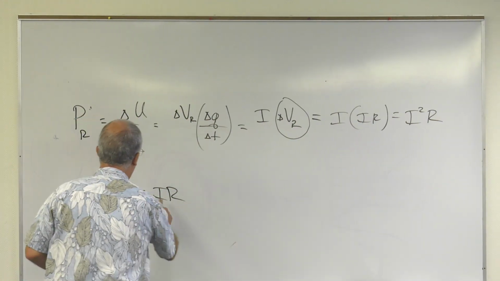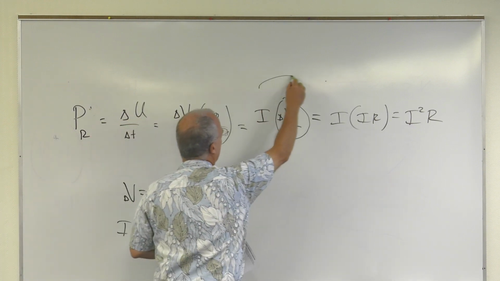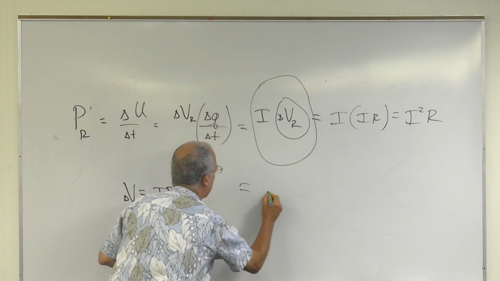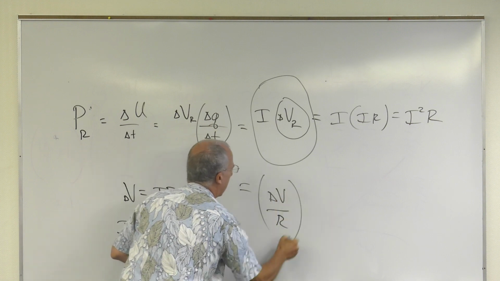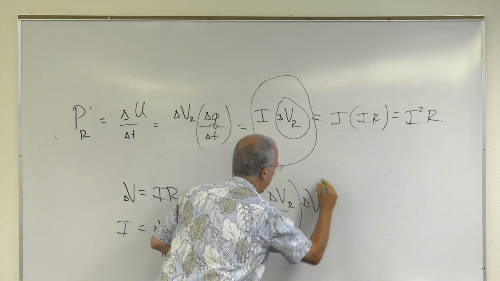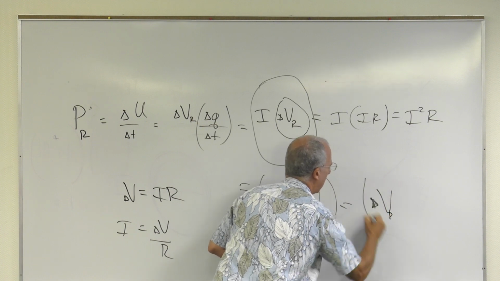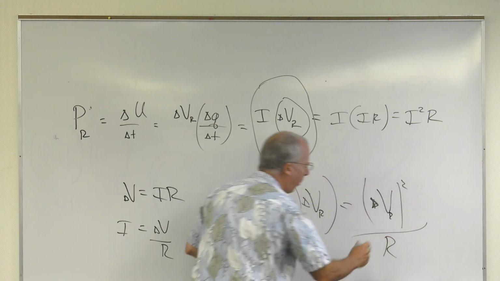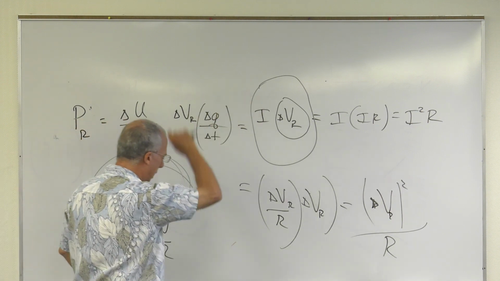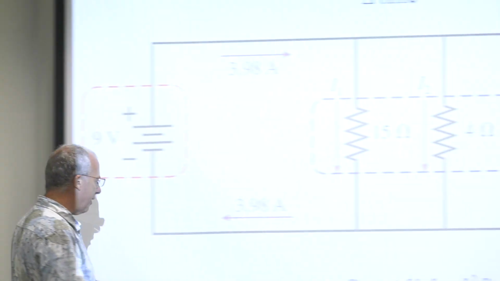Or, let's solve for I. I is delta V over R. We can substitute for I, and we have delta V over R times delta V, which gives delta V squared over R. You can just play around with Ohm's law and change the equation however you want. So all I'm saying is that this is like the basic equation.